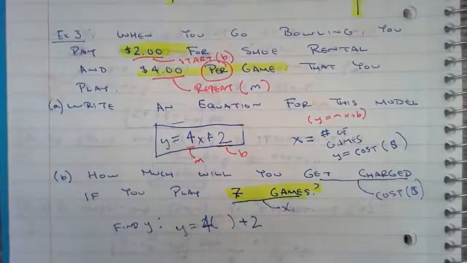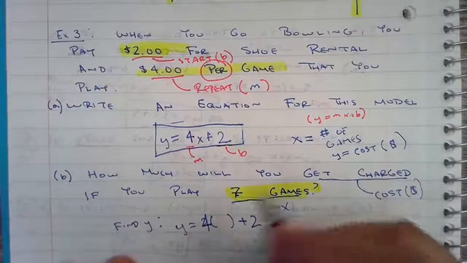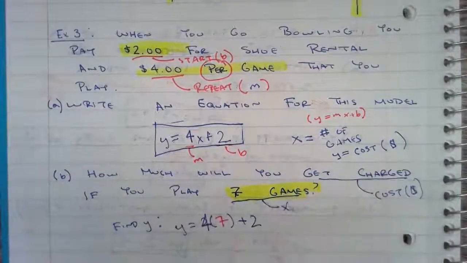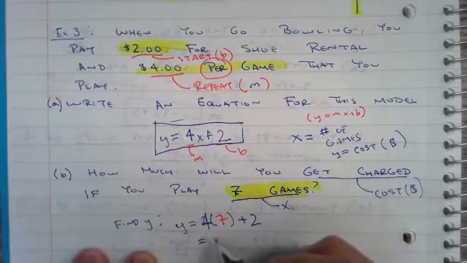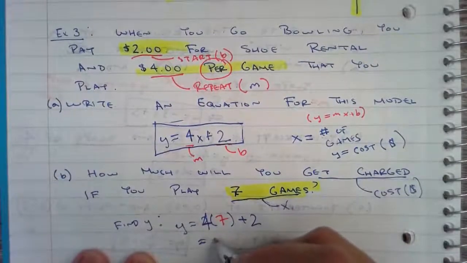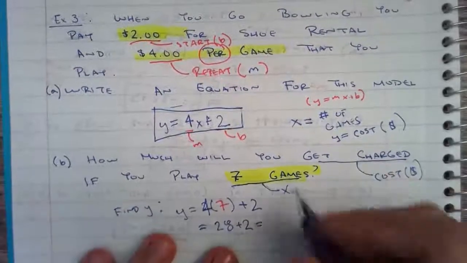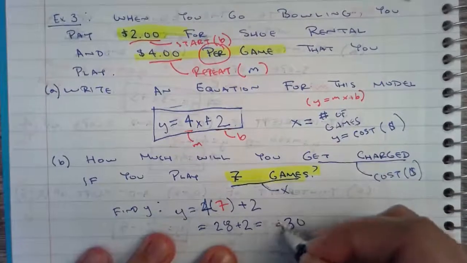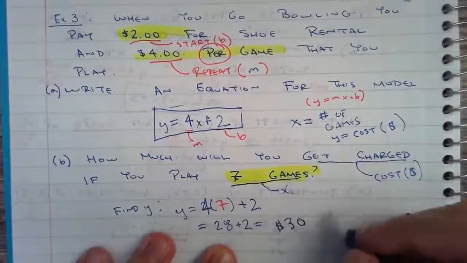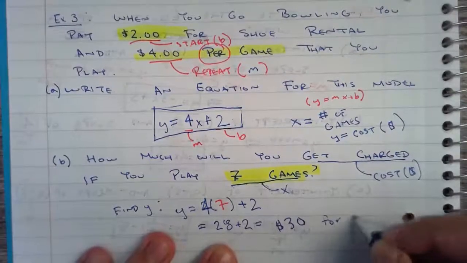What do I plug in for my x? Remember, it's 7 games, so you plug in that 7. Now I'm going to simplify. 4 times 7 is 28. Plus 2 gives you $30. So $30 for 7 games.